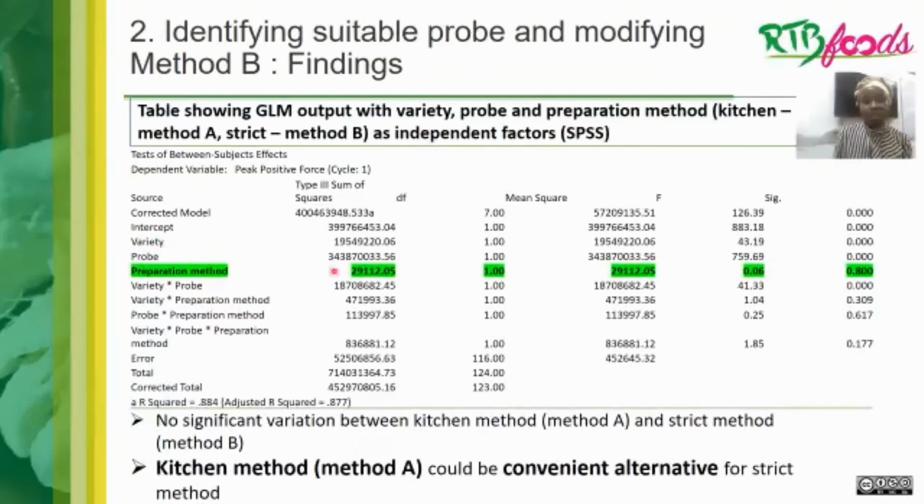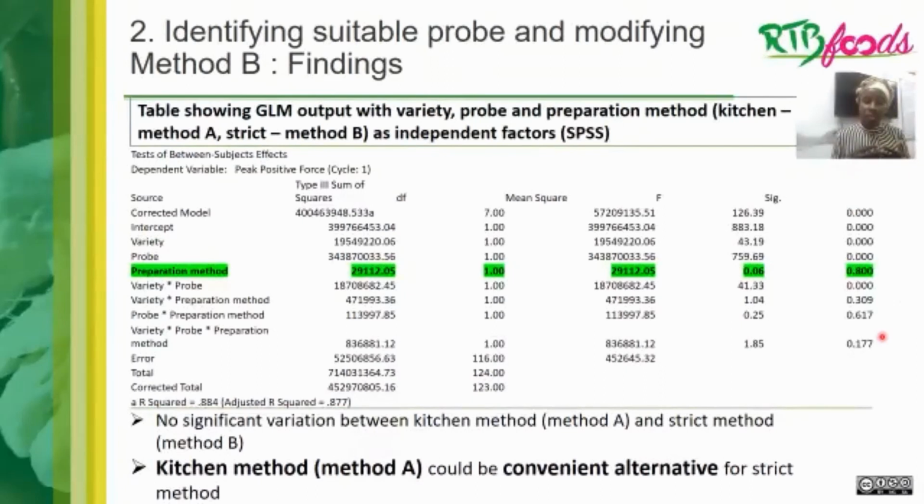And here we saw that the preparation method was not really a significant source of variation for the texture differences between the samples. For this reason, we concluded that the results from both the kitchen method and the strict method of sample preparation were really consistent with one another.